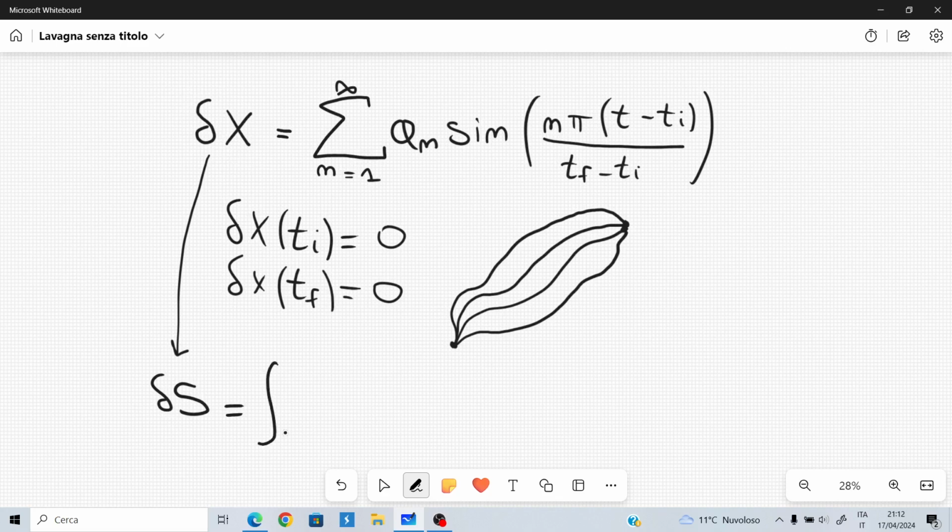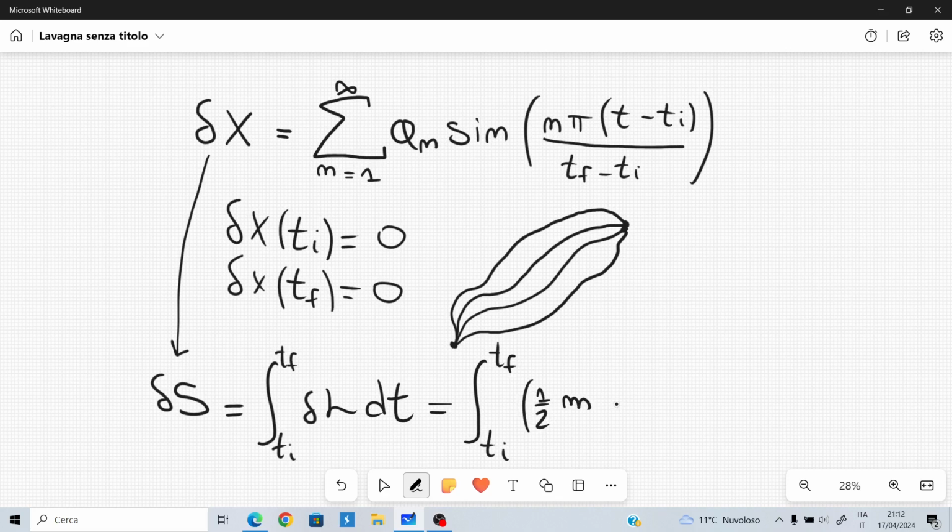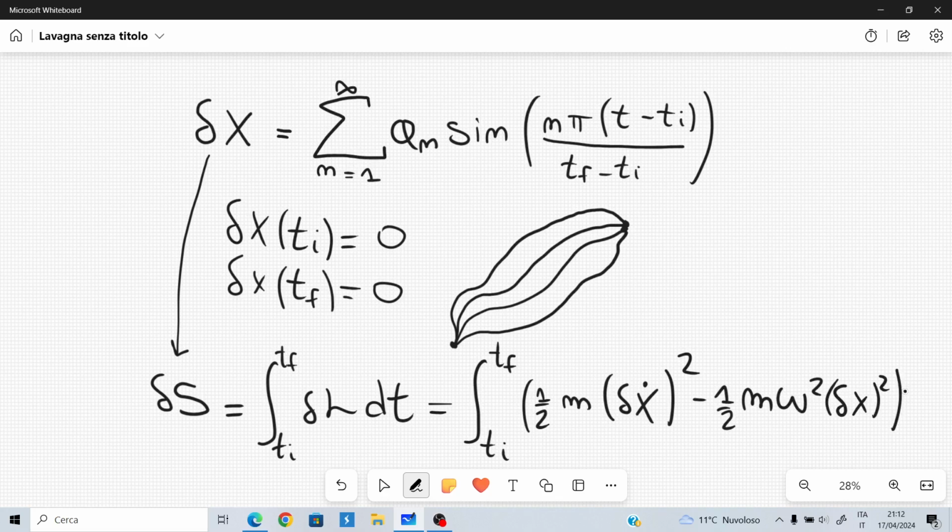This can be written as an integral from Ti to Tf of a perturbation of the Lagrangian multiplied by dt, and this can be written in turn as the integral from Ti to Tf of 1/2 the mass of the oscillator, or I can call it particle if you want, times delta x dot squared, so basically the derivative of this expression, and then minus 1/2 the mass of the oscillator, omega squared delta x squared, and then dt.